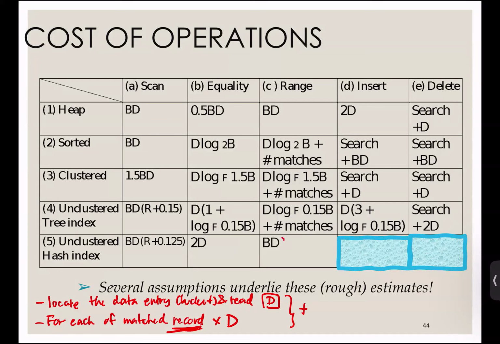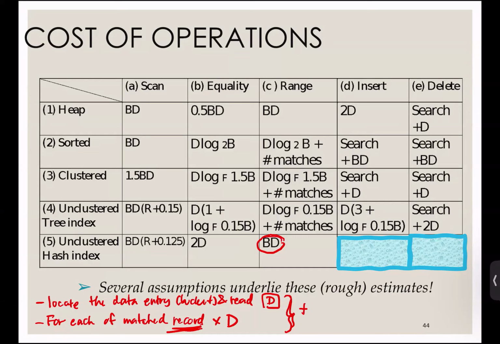So actually BD here is not coming from this part. Because to just get one thing out, that's actually 2D, right? But you have to do that for every single matching record. If you have a lot of matching records, that would take you a long time.